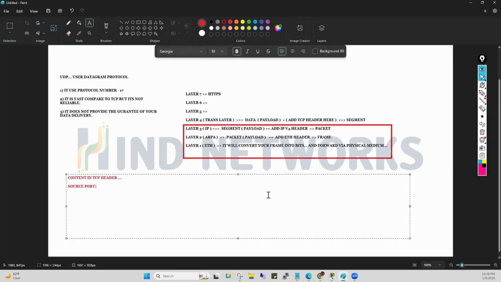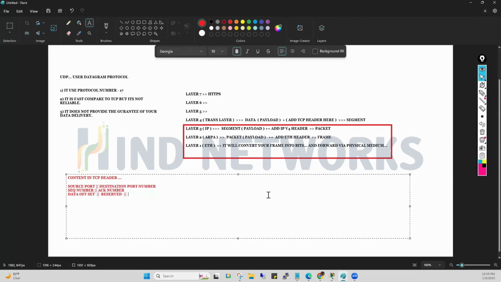First content will be the source port number. Second will be the destination port number, then sequence number, then acknowledgement number. After sequence and acknowledgement number, there will be data offset. Then reserved.